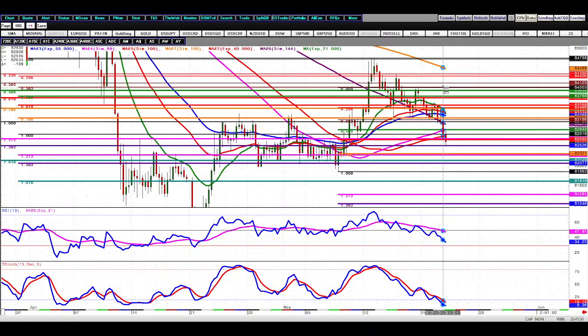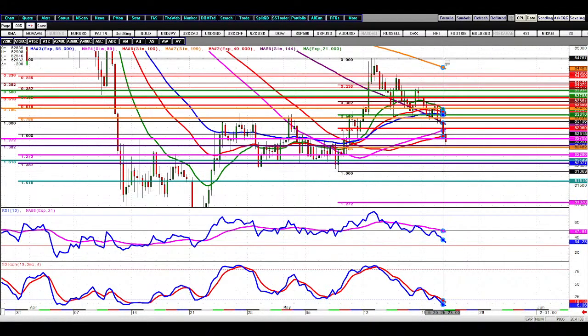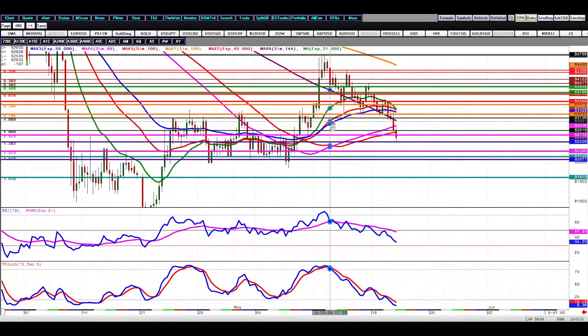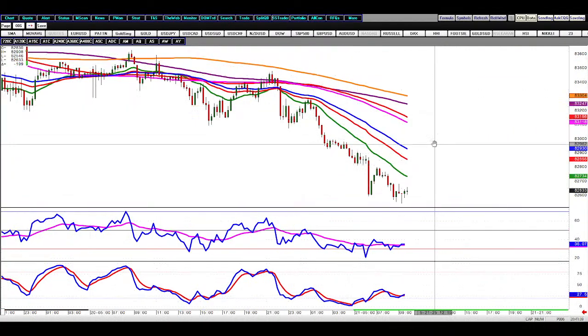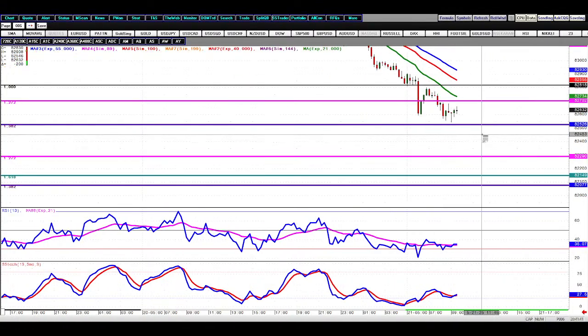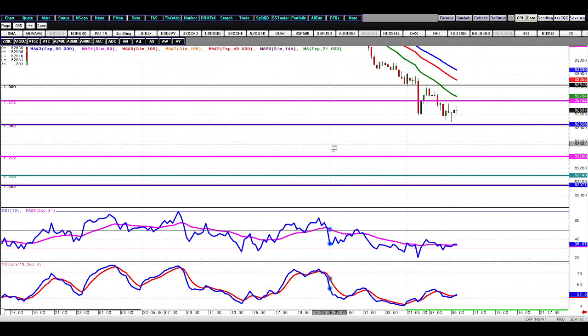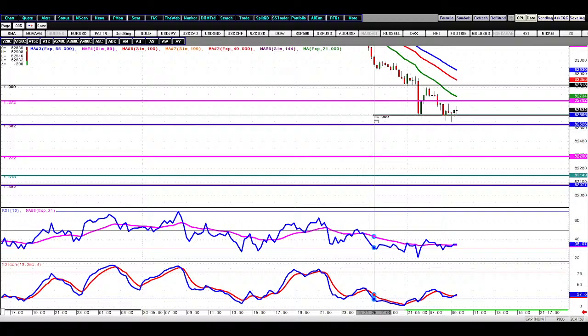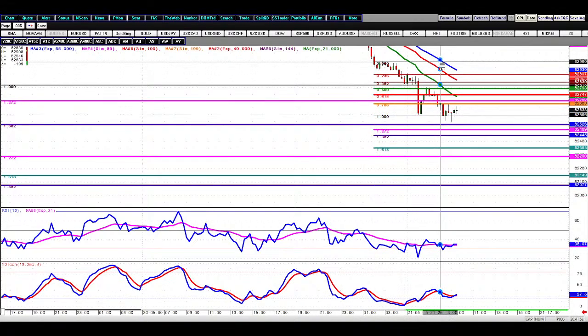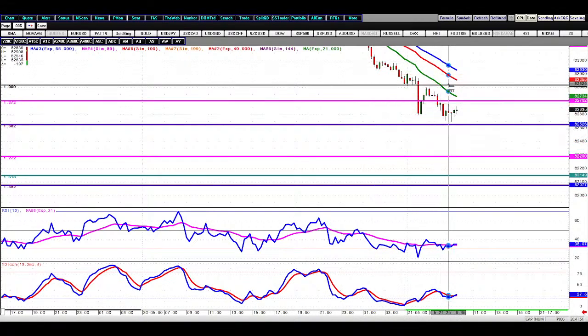So I'm trying to find the best entry point. When we look into the 15 minute, there is a possibility this might be the low, or we may get the low at 40 or 45.